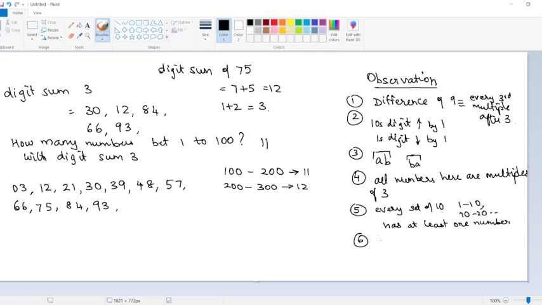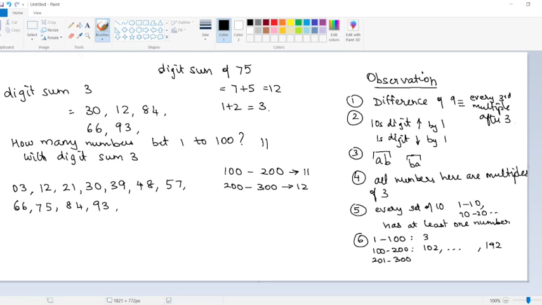Instead of ending in 93, we will end in 192. From 200 to 300, it starts with 201.